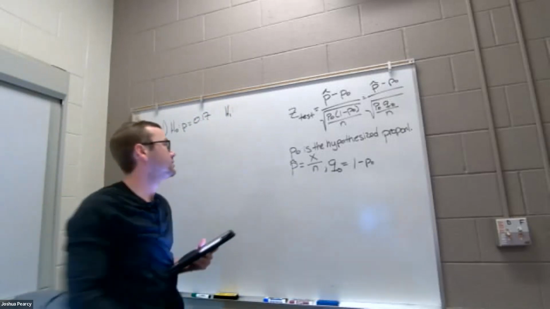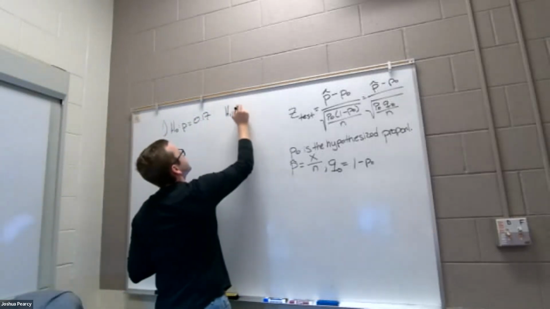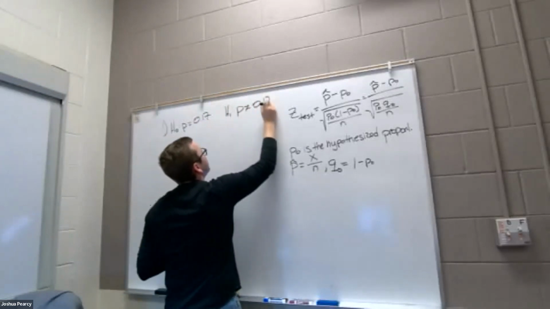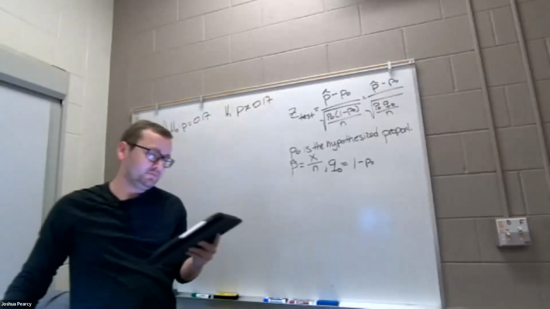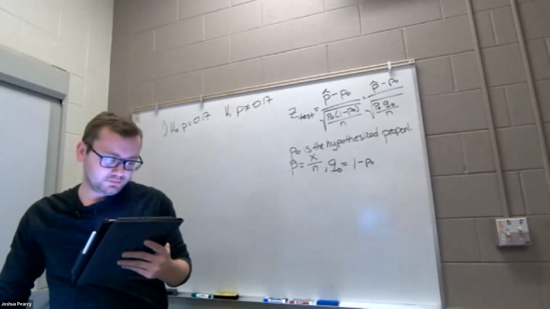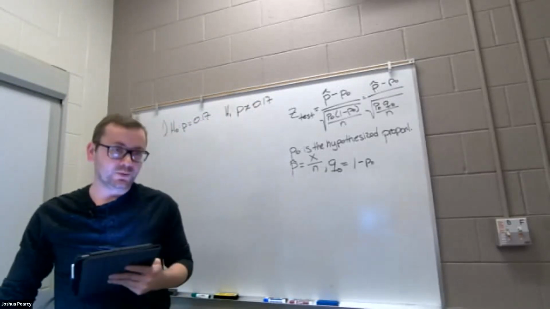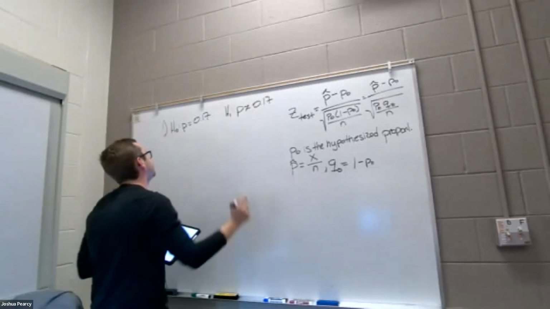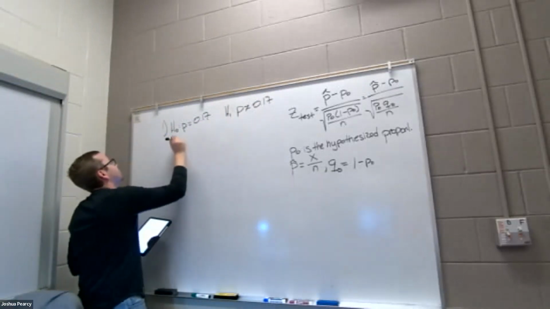Yeah, doesn't equal it. It doesn't say whether it's going to be greater than or less than, so P does not equal 0.17. And which one is the claim? The null claim.